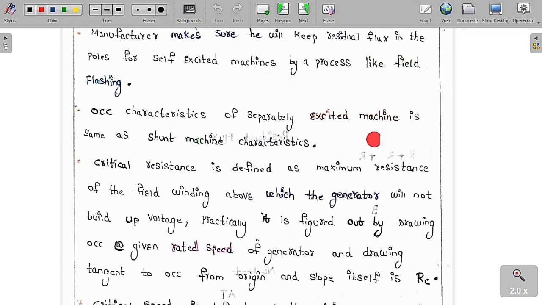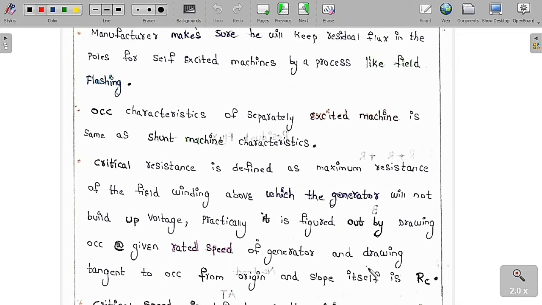At the rated speed of the generator, you are going to get some curve.